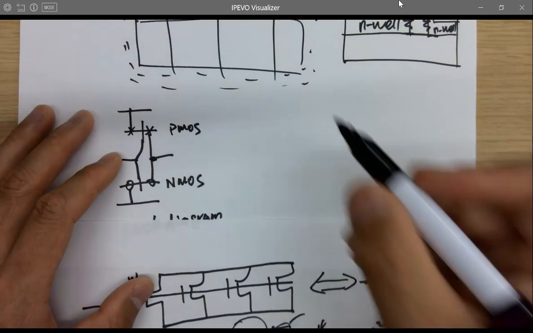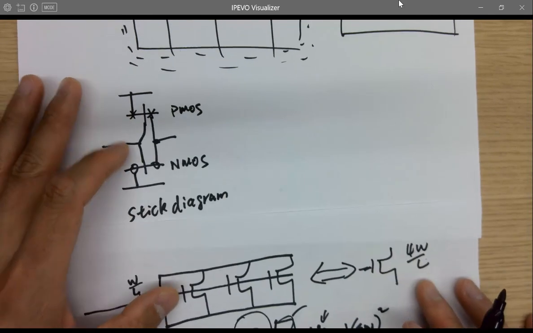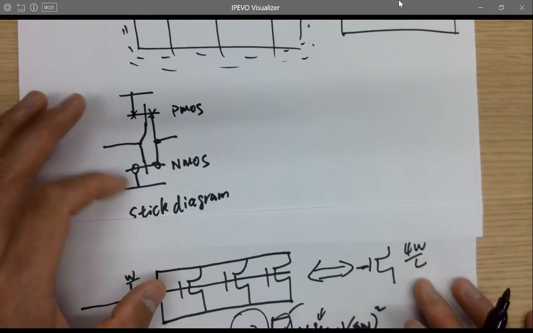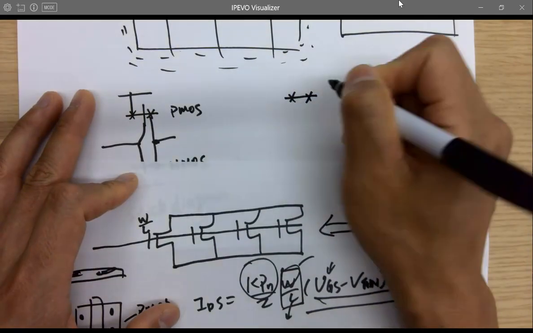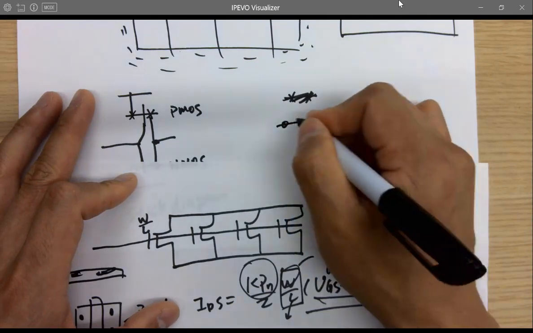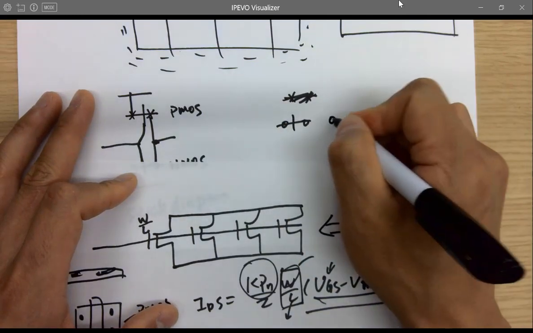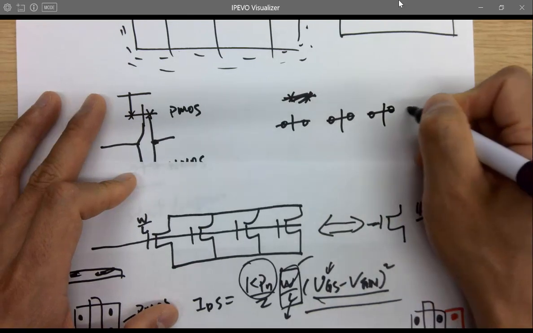So for 4 transistors in parallel like this, how to draw it in the stick diagram like this. So got 1, oh, it's NMOS. NMOS is going to be circles, right? 1, 2, 3, 4.